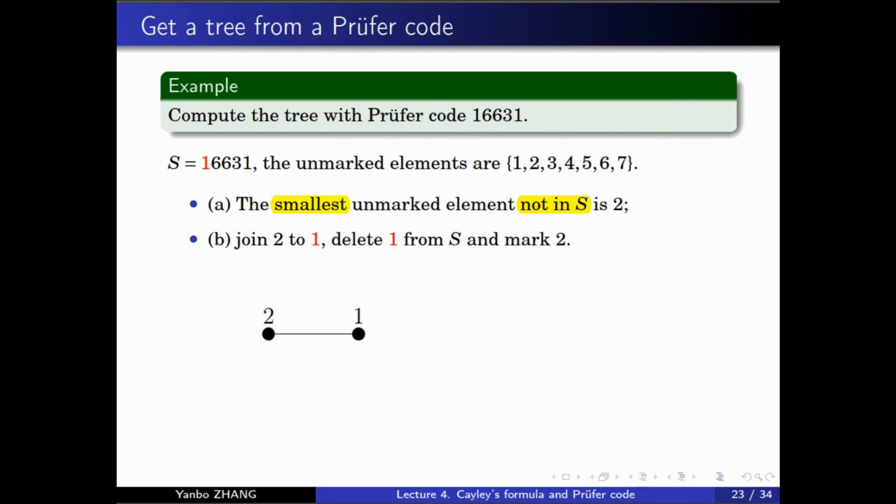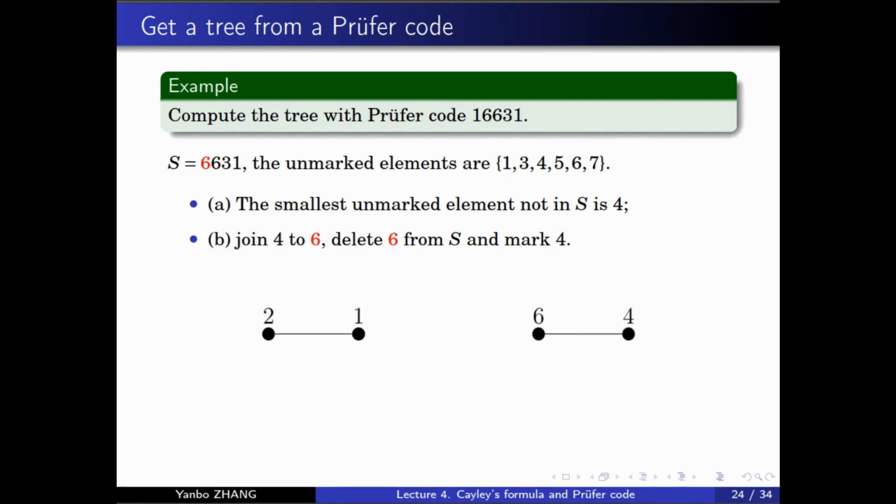We will join 1 and 2. Now I have to delete 1 from S and mark 2. So the new S should be 6631, and the unmarked elements are 1, 3, 4, 5, 6, 7. 2 has been marked.